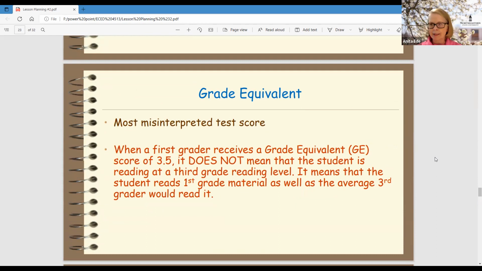And it's not. What it means is that Johnny is reading first grade material as well as the average third grader 5th month. It's still pretty good, nothing wrong with that, but it doesn't mean he's reading at a third grade 5th month level. And you have to be able to clarify that to your parents.